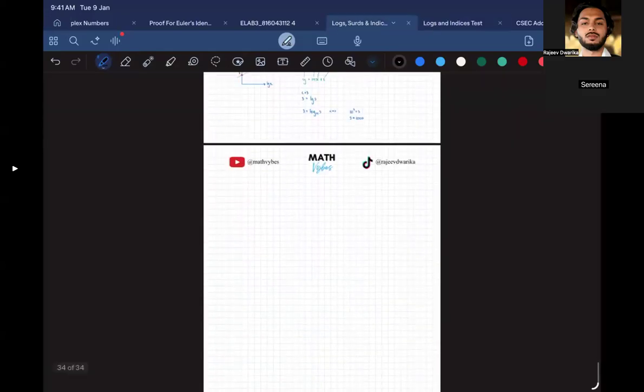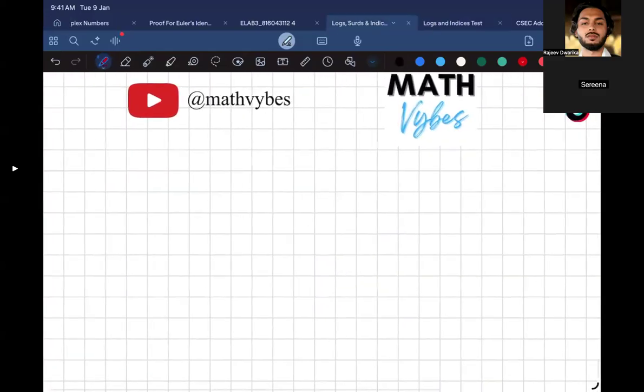The last thing I just want to run through, the last thing you should know: ln is the same thing as log base e. Just remember that.